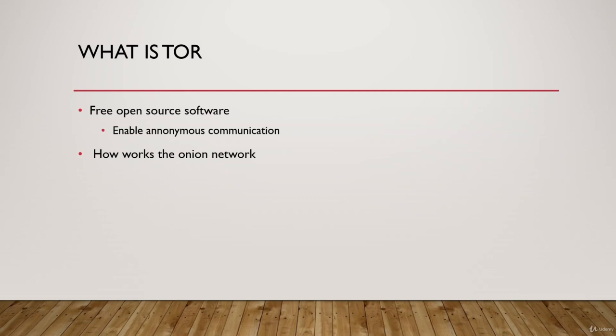When you use Google Chrome and for example you want to get access to Google, what's gonna happen is that Google Chrome is gonna send a request to Google's server, and the request will come back and give you access to Google. With the Tor browser it's different. You will send a request to Google from your computer, but the request will go for example to a server or a computer in another country, and then another country, and then another country, and then finally go back to Google.